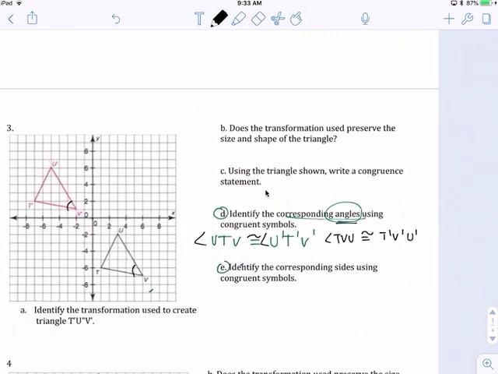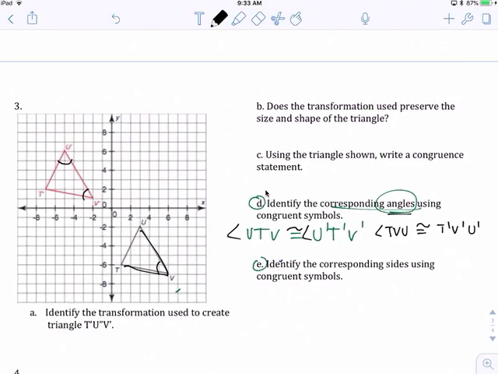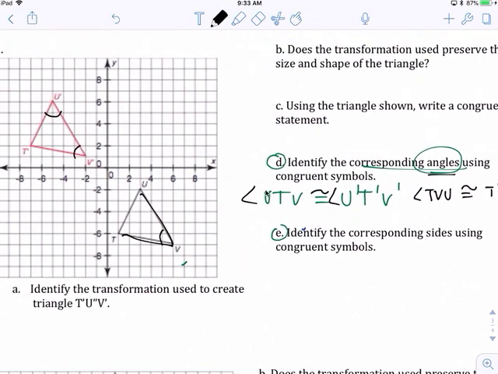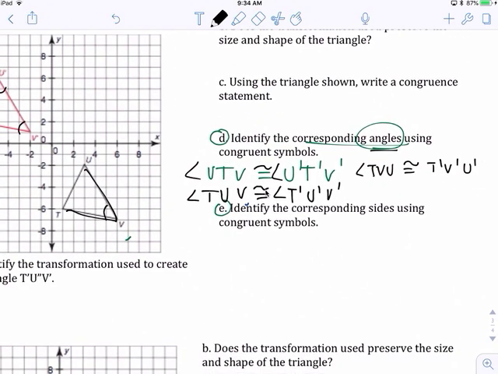In the exact same order makes it easy. Yep. And then the last one is angle U. So U goes in the middle. So if I say angle TUV is congruent to angle T prime, U prime, and V prime. Easy.